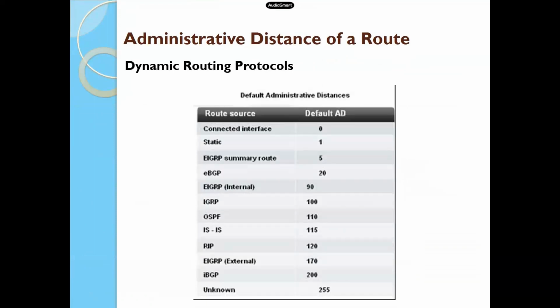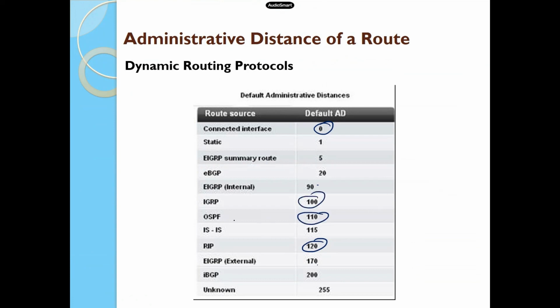So in this table here, when you have a direct connection, administrative distance is 0. For EIGRP, there is a summary version, that is 5. EIGRP, the internal one, 90. The external one, 170. RIP, 120. OSPF is 110. IGRP is 100.